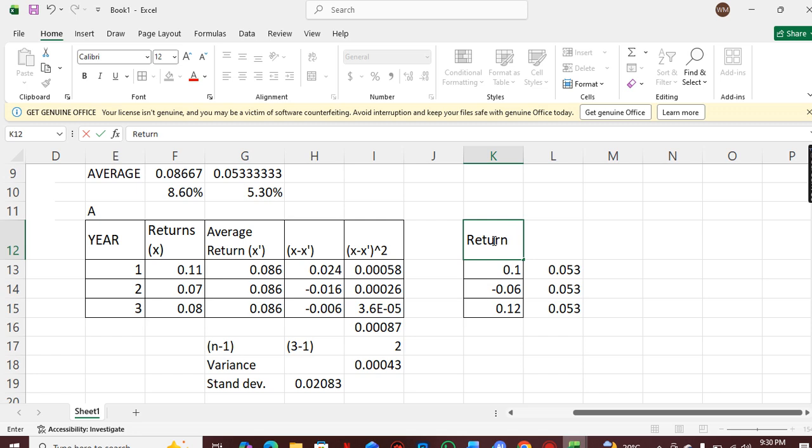Here we have our returns and the average return, X bar.